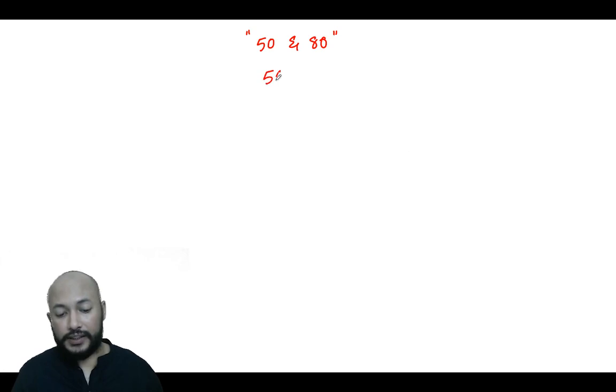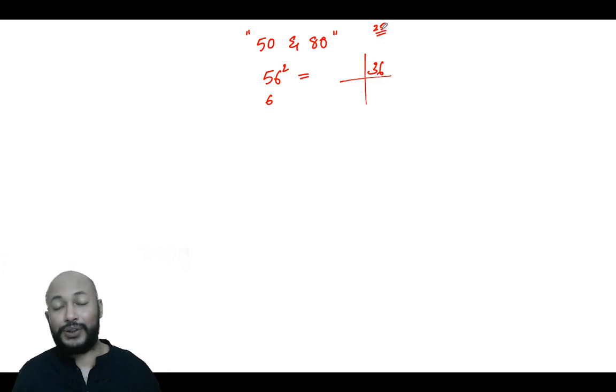Let's take 56. 56 square, here you find out how much this number is more than 50, and that is 6. Square that number, you have 36. Now the magic number remains same, it is 25. You don't subtract from 25, but you add this value 6 to 25 to get 31. So simple. All right, one more example.